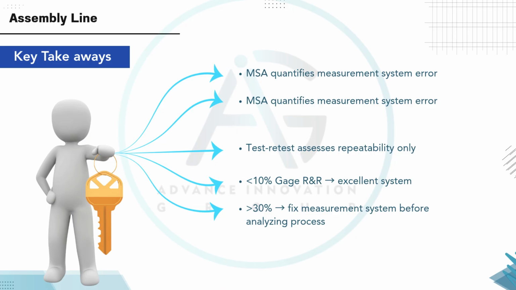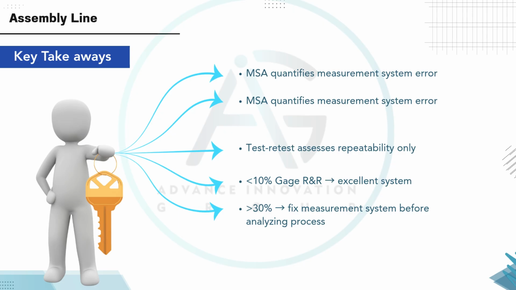You'll notice it's mentioned twice here to emphasize its importance. Both repeatability and reproducibility contribute to that error. Next, the test-retest method only assesses repeatability, which means it checks how consistent one operator is using the same tool repeatedly, but it doesn't account for variation between different operators or tools.